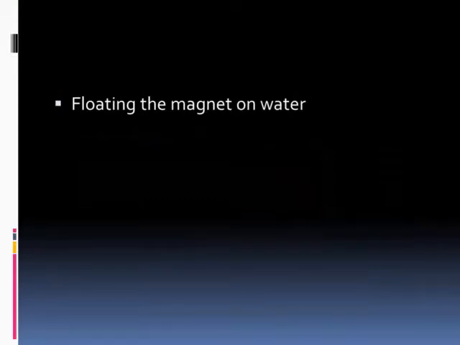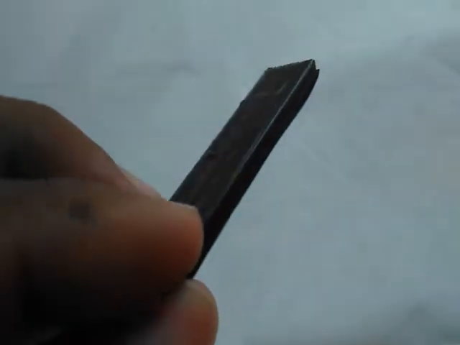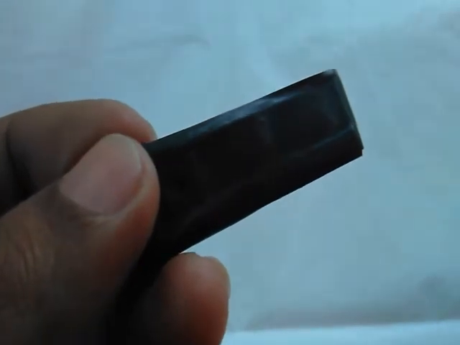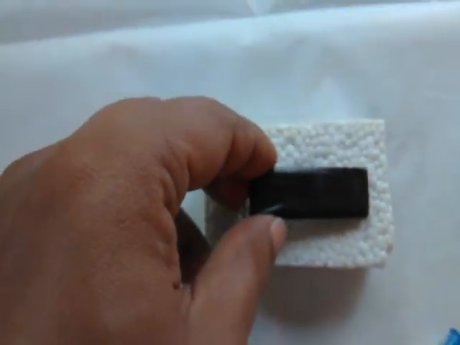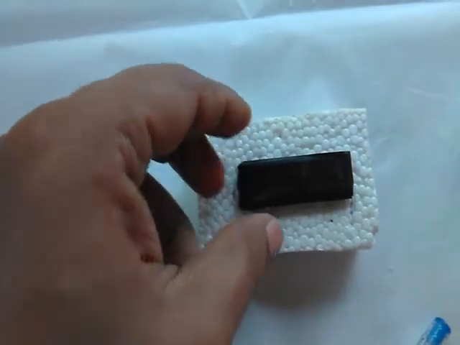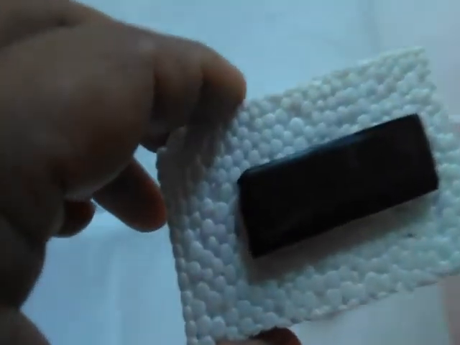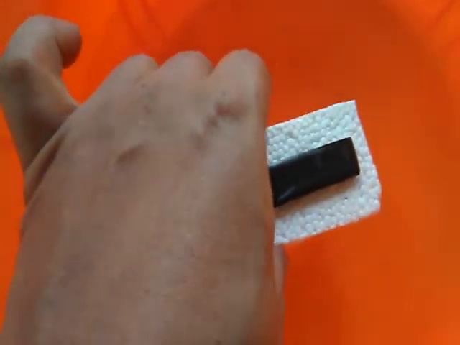Floating the magnet on water. The poles are not marked on this magnet, so we can find the poles of this magnet by floating it on water. I float this magnet on water after keeping it on a styrofoam sheet.